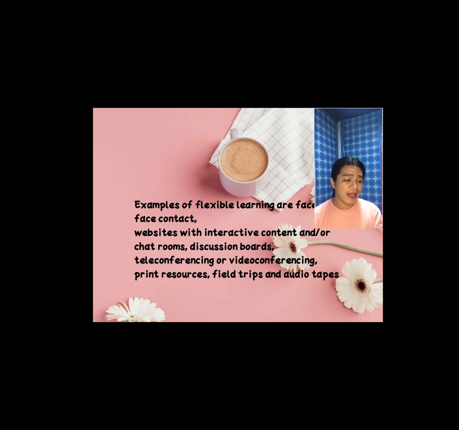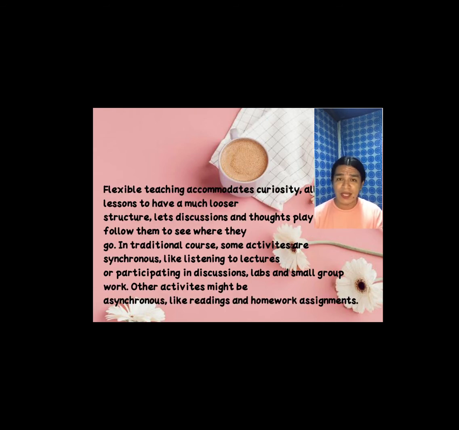Examples of flexible learning are face-to-face, website with interactive content, or chat rooms, discussion boards, teleconferencing or video conferencing, print resources, field trips, and audio tapes. Flexible teaching accommodates curiosity, allows lessons to have a much looser structure, lets discussions and thoughts play out, and follows them to see where they go.